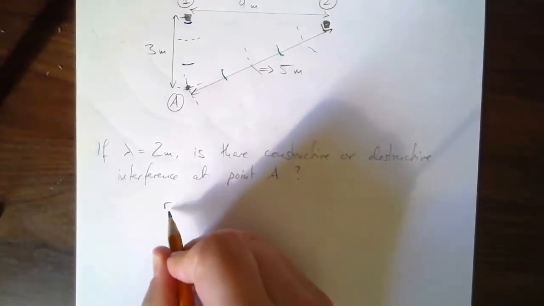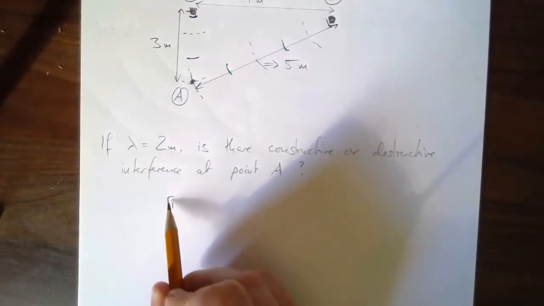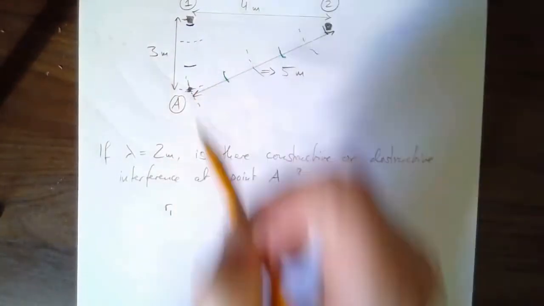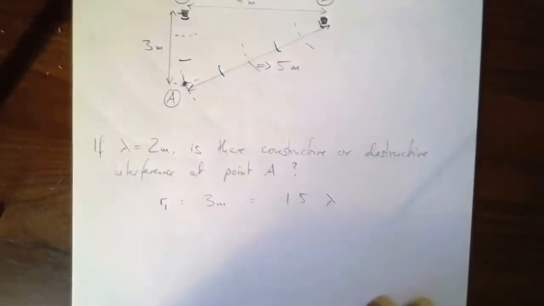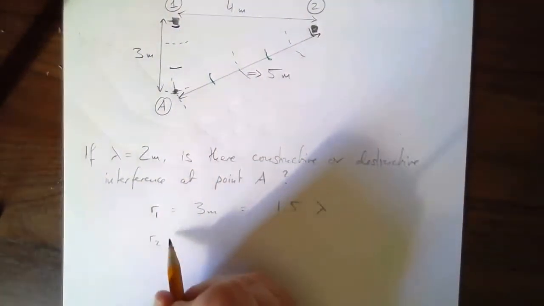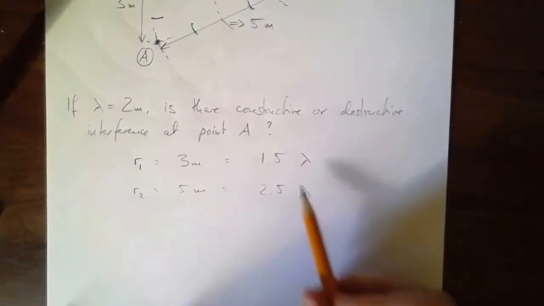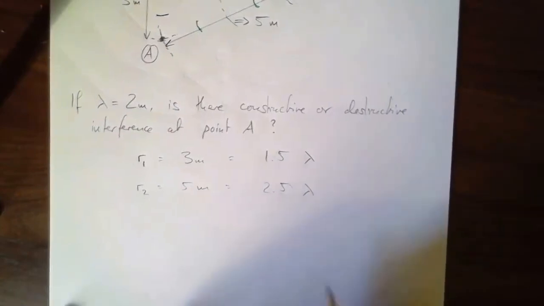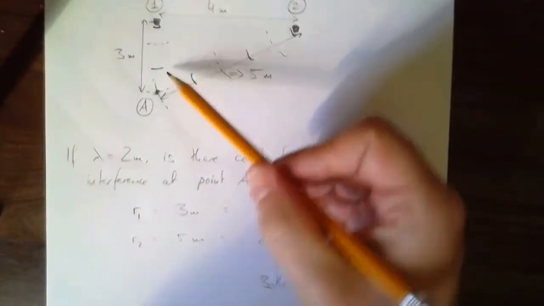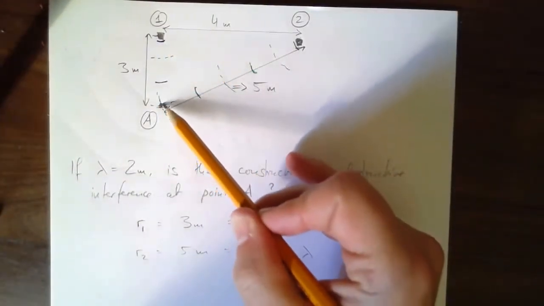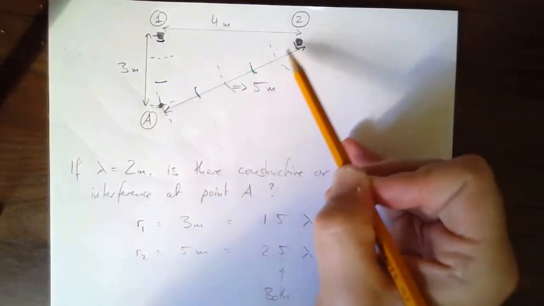Right. So what do I have? I've got that R from 1, so the distance, call it R, from point 1 to A, that would be 3 meters, which in this case is 1.5 wavelengths. Distance from 2 is 5 meters, which is 2.5 wavelengths. But it means because they're both at the halfway point in their cycle, they're in the same cycle. The wave that arrives here, that trough, was emitted before the trough from 1, because it had to go further.